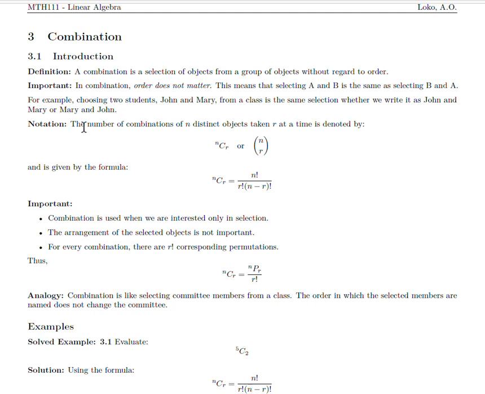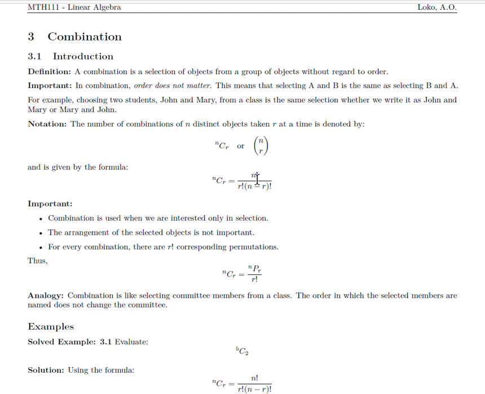Now, the number of combinations of n distinct objects taking R at a time is denoted by nCR, or this array of n and R in big brackets.